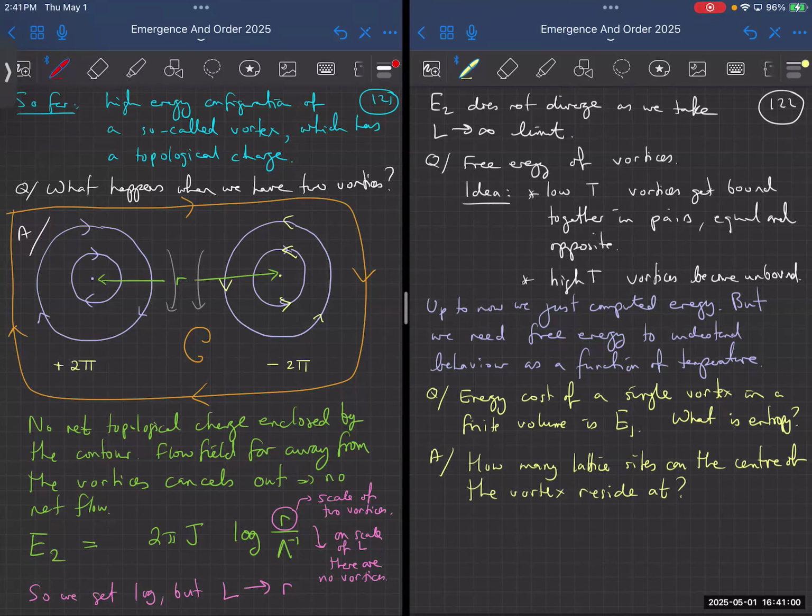The number of lattice sites is L divided by the lattice spacing, or if you want the coarse-graining volume, squared.